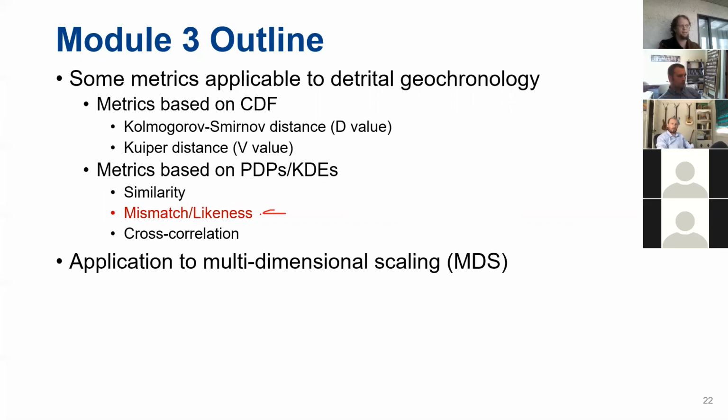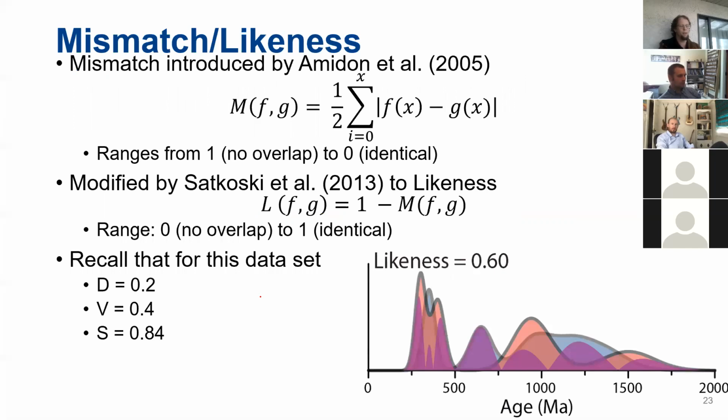Mismatch and likeness is another fairly common metric used in geochronology. Again, we have those same two functions, f and g, and in this case we simply subtract them. It is the absolute value of f of x minus g of x, all divided by 2, so that it sums to 1.